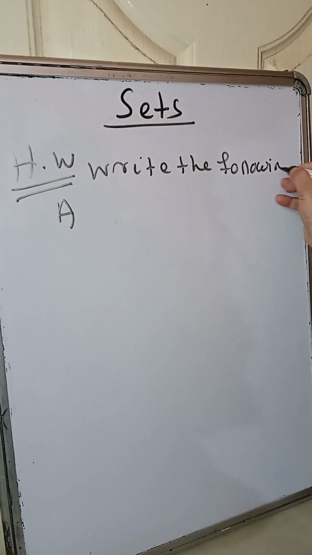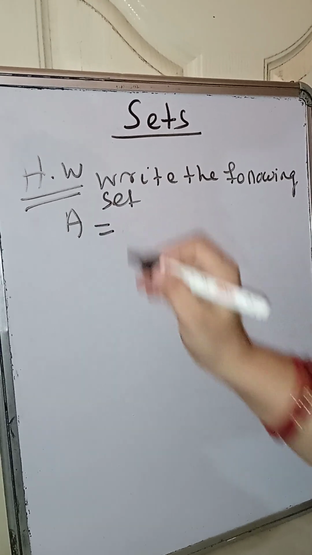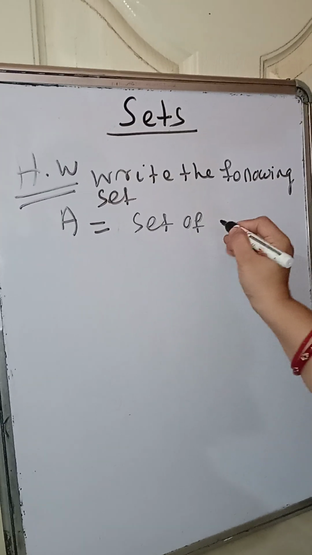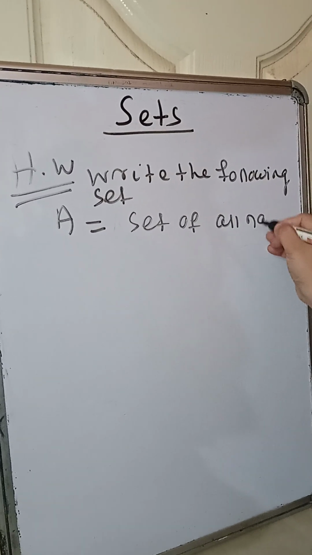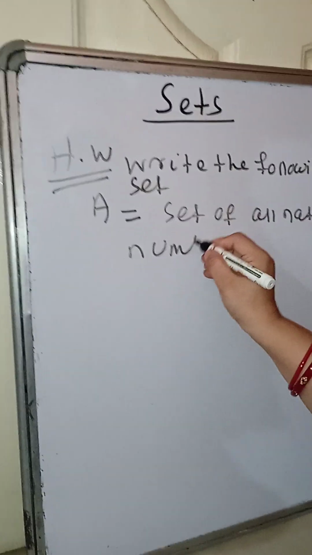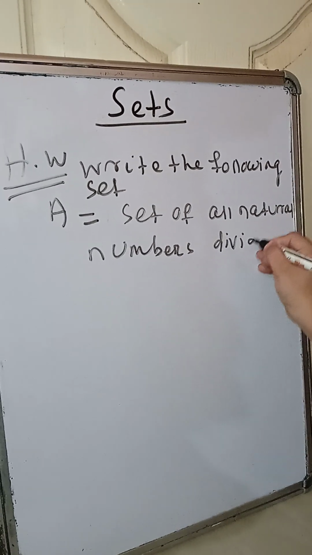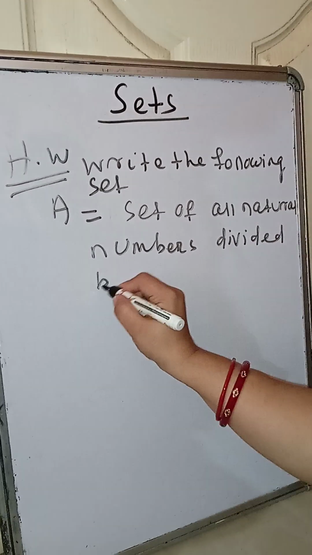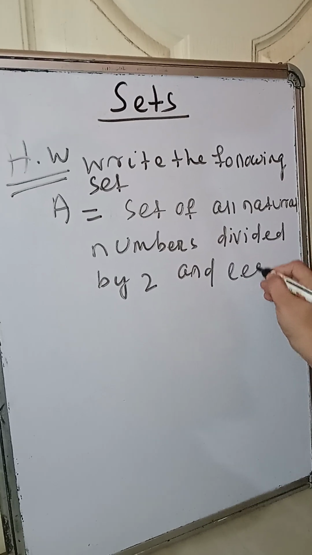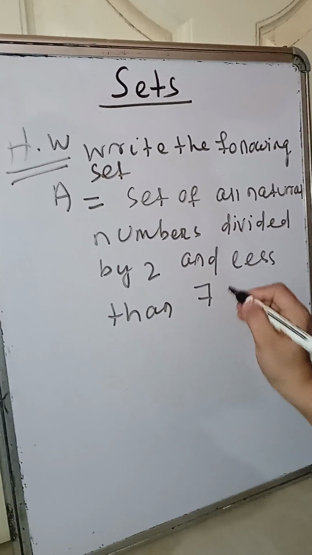Write the following set A, which is the set of all natural numbers divisible by 2 and less than 7.